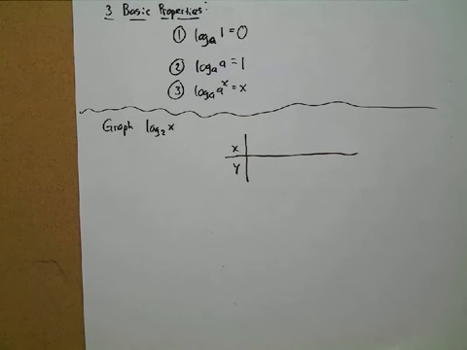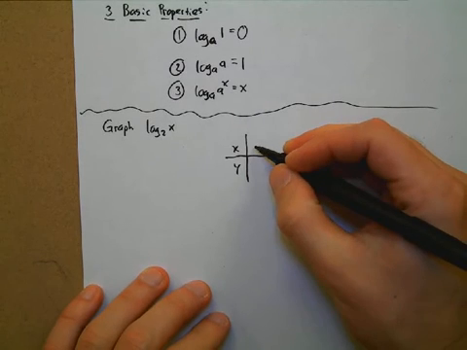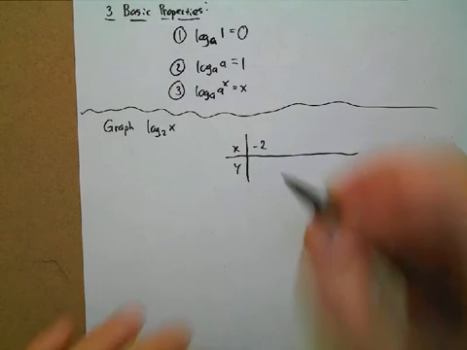For example, if I were to say negative 2 here, that means that I would be doing log base 2 of negative 2. Because negative 2 is the x value, so it's going to go in for the x there.